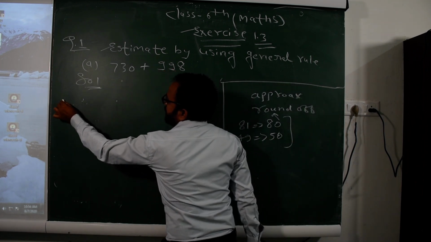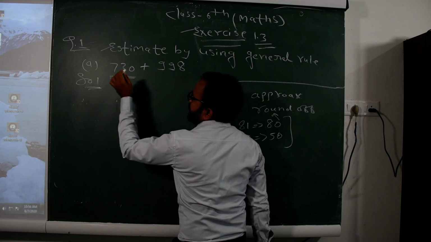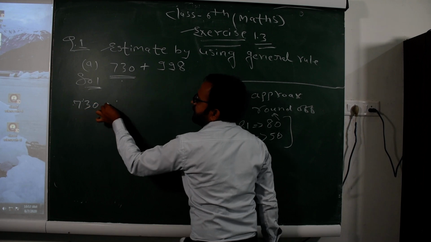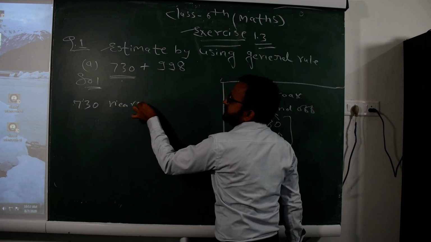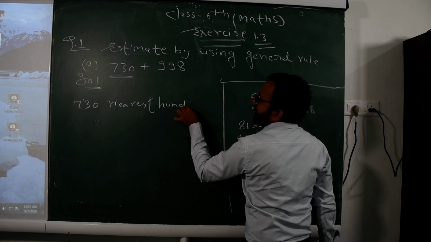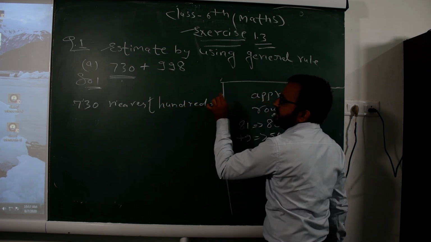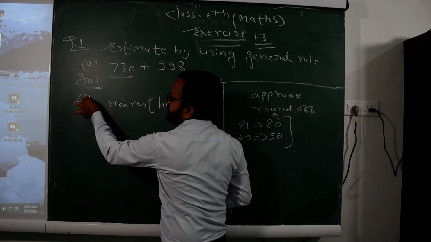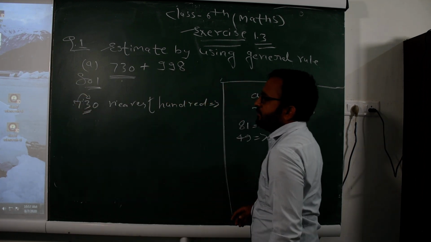First we estimate 730 to the nearest 100, because 1 stands for 100, so nearest 100 means this place.